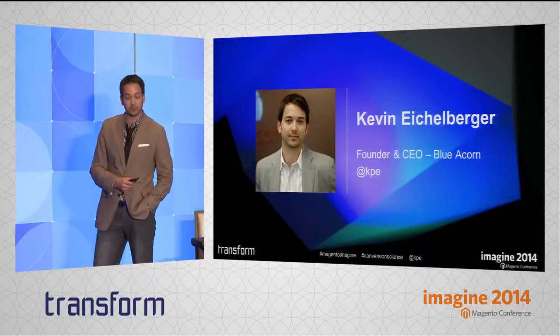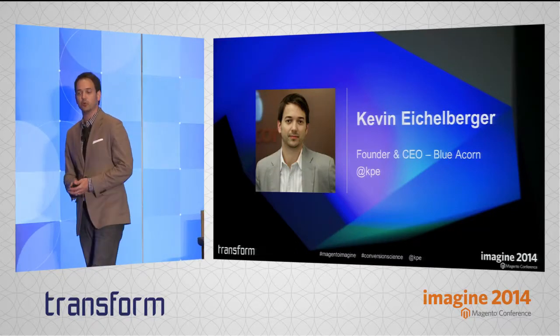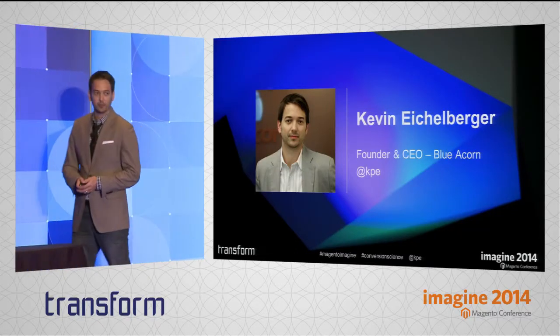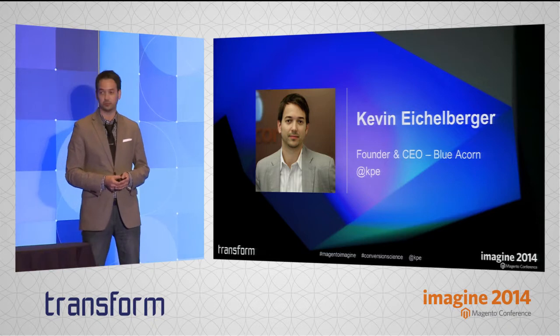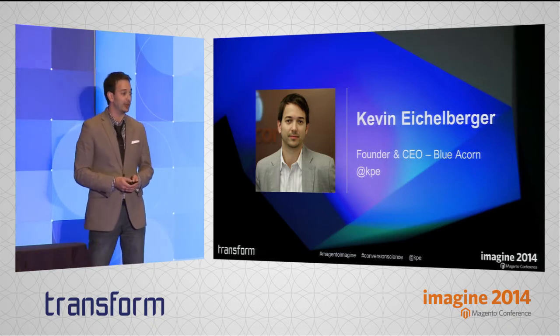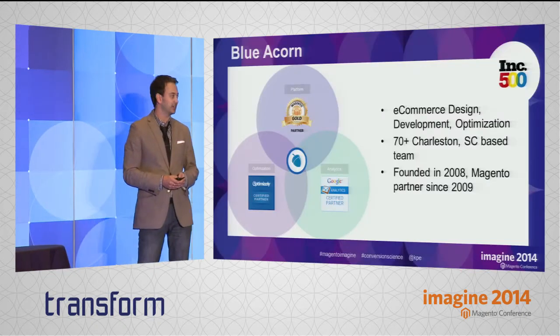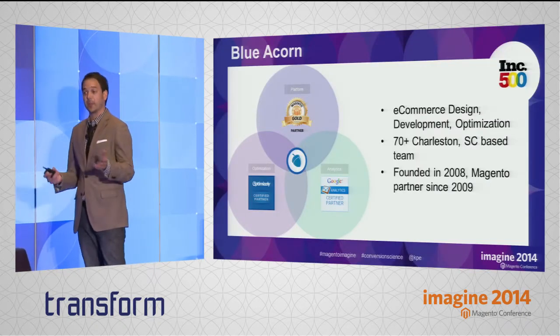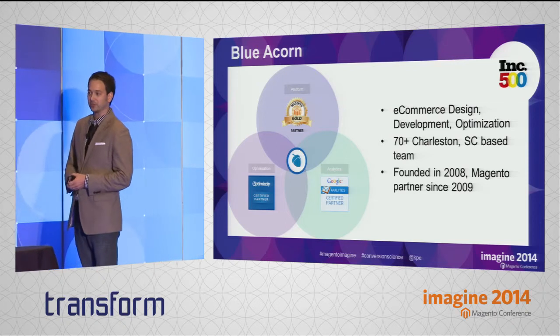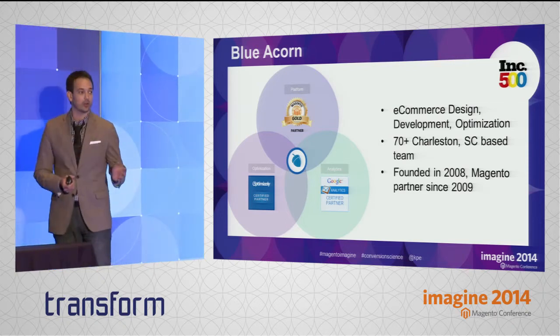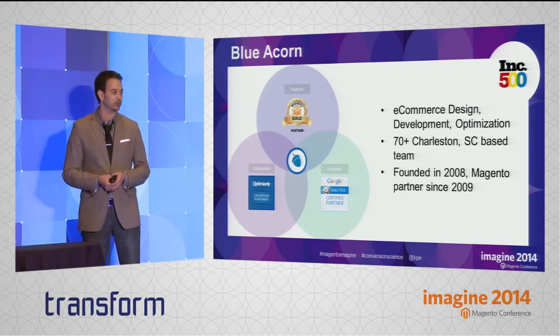As Danny mentioned, I'm the founder and CEO of a company called Blue Acorn. I've been in the e-commerce space for almost 15 years, doing a variety of different things. Blue Acorn is a company I started about 6 years ago, around the same time that Magento first started coming around. Today, Blue Acorn is a Magento Gold Solutions partner.